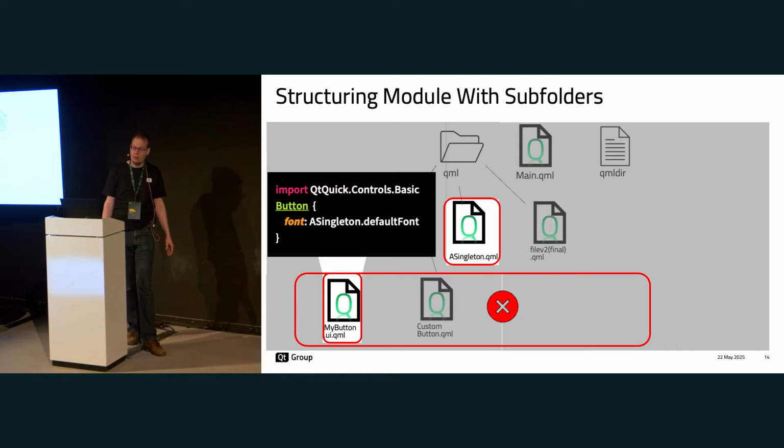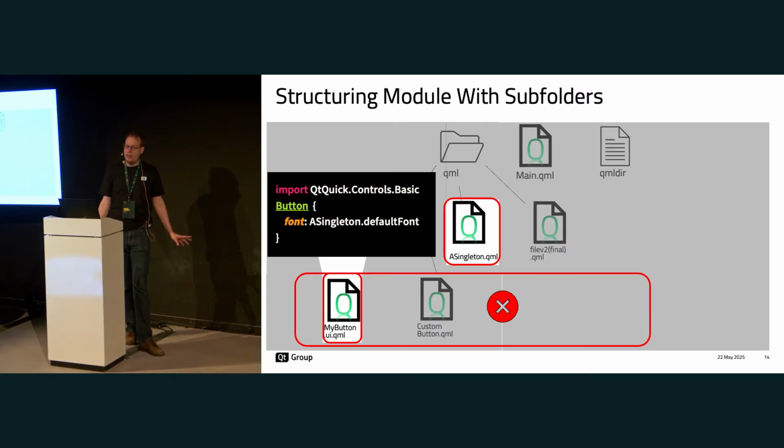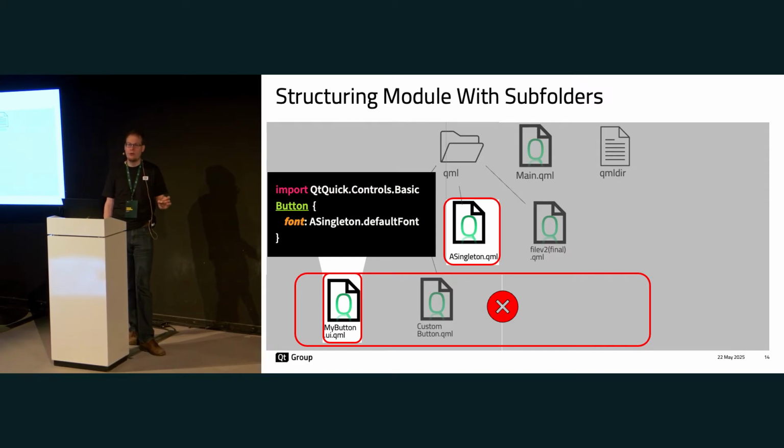Let's take a look at MyButton.ui.qml. And there we are using our singleton to get the default font property, because that's where our config is. And what you do not see here is an import of our module. It's kind of natural because it's part of our module. Why would we import our own module if it's part of the module?